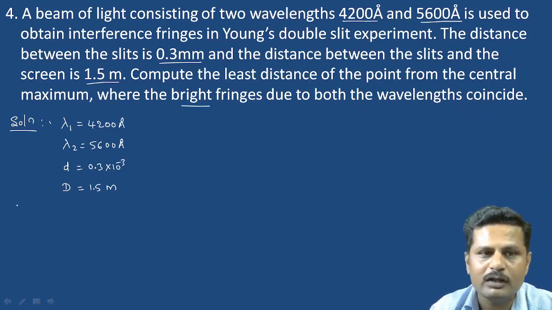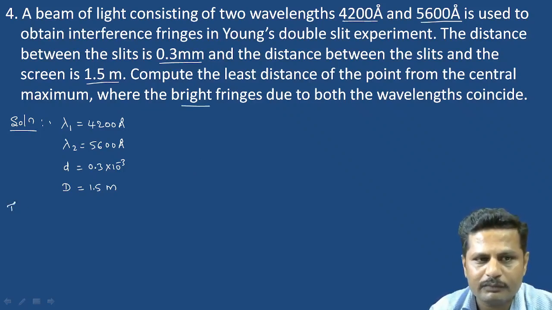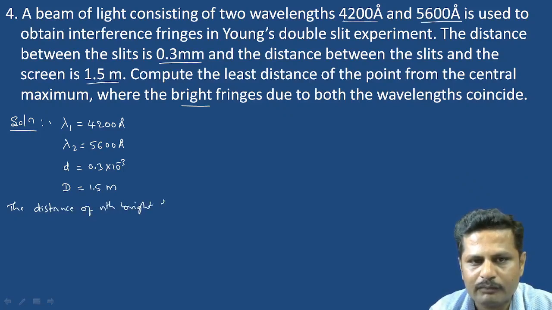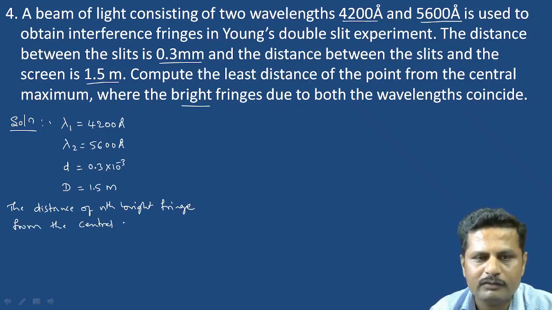So bright fringes, we know that the distance of the nth bright fringe from the central fringe is given by xn equals to n lambda D divided by d.